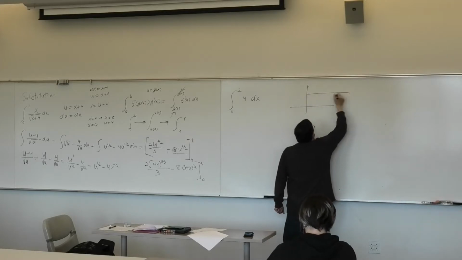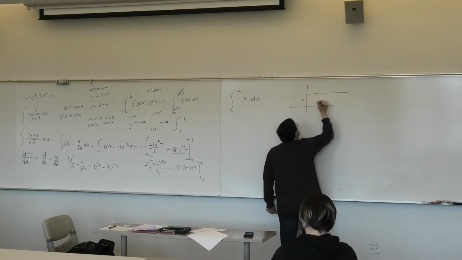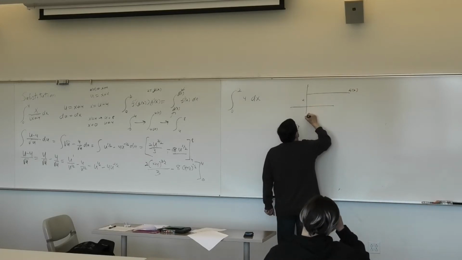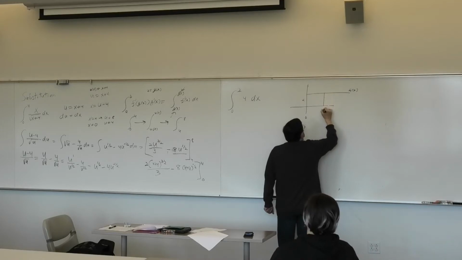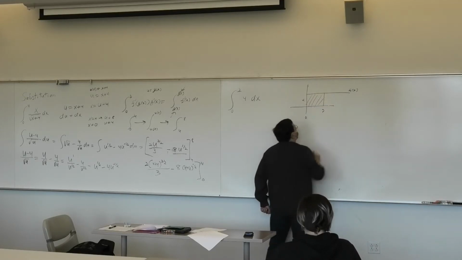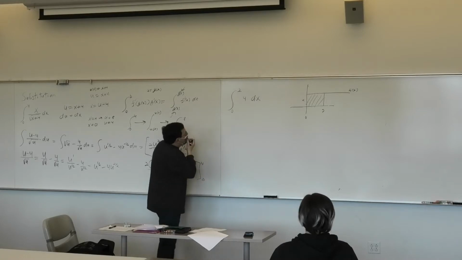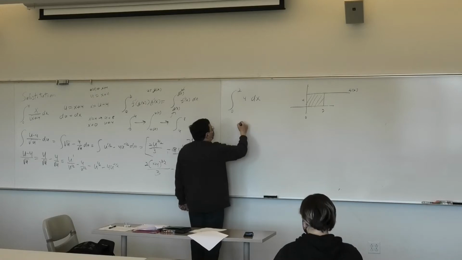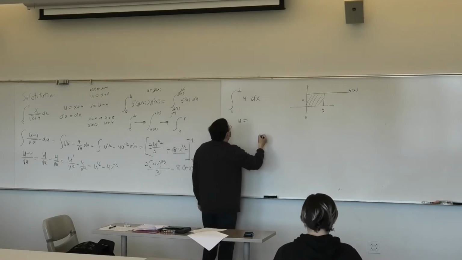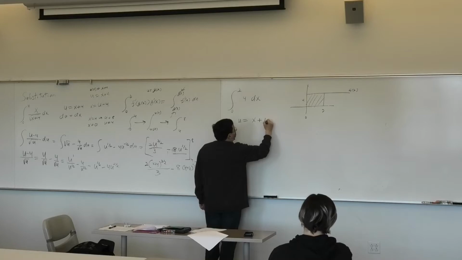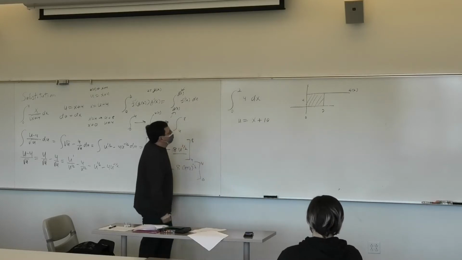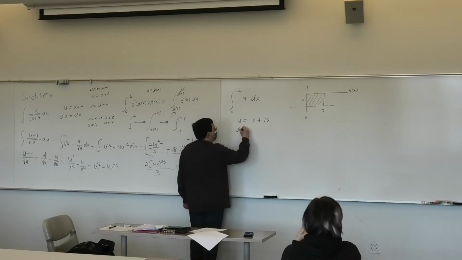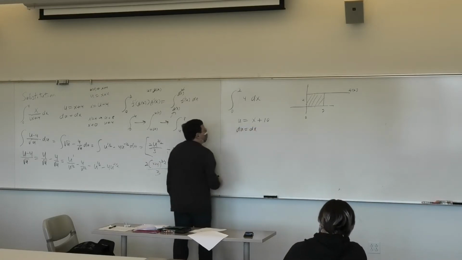So here's our function 4, f of x, and we're going from 0 to 2. We want this area. So I'm going to make a substitution. I'm going to say u equals x plus 10. All right, so du equals dx.